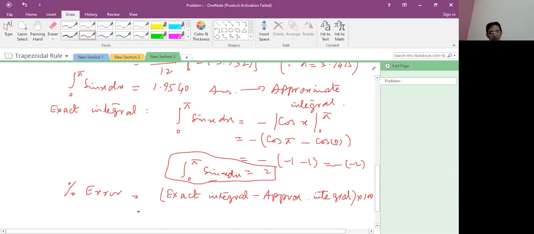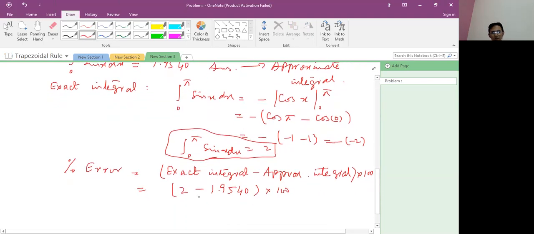So student, when we apply here, 2 minus 1.9540, we subtract and multiply by 100. If you find 10 minus 0, 0 minus 0 is 0. That means 10 minus 4 is 6. 9 minus 5 is 4. And 9 minus 9 is 0. So it is 0.046 multiplied by 100. It means only 4% error.